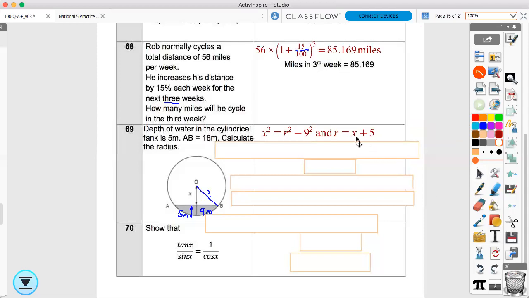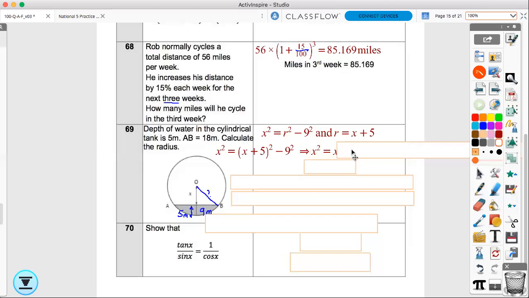So I can either replace x with r minus 5 or just replace r with x plus 5. And if you replace r with x plus 5, you end up with this equation, which is x squared equal x plus 5 squared minus 9 squared.